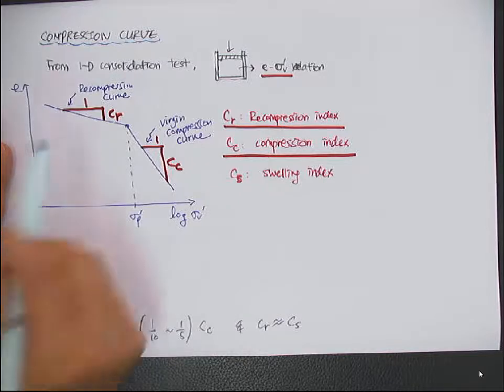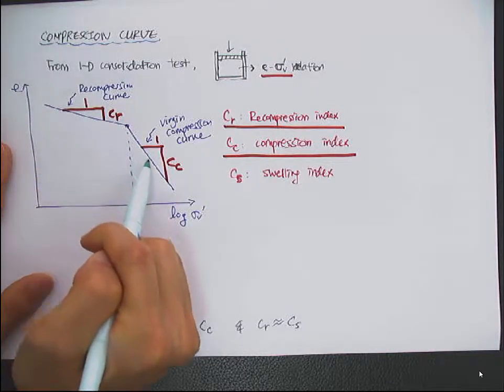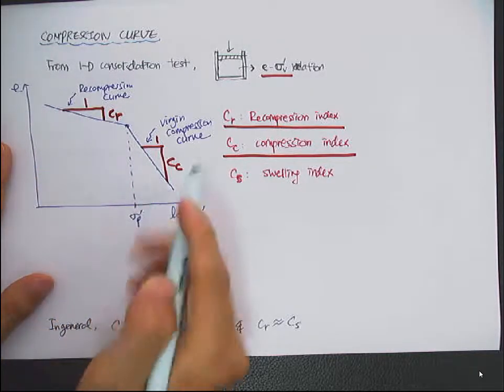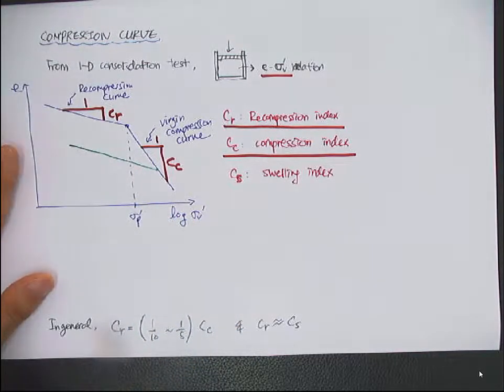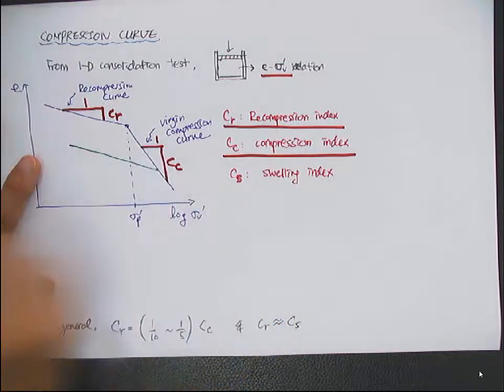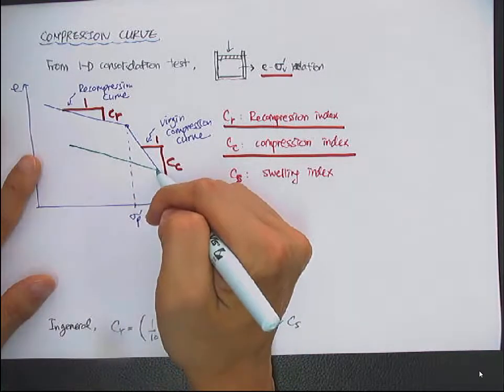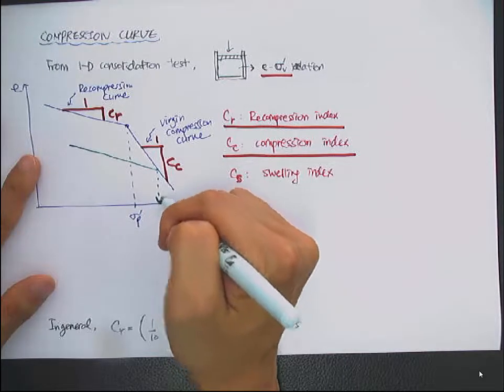And imagine that your current effective stress is somewhere here, and if you unload it or create another curve, it's not going to follow the virgin compression curve, because now the pre-consolidation stress becomes this point.